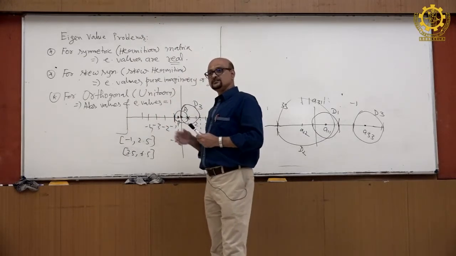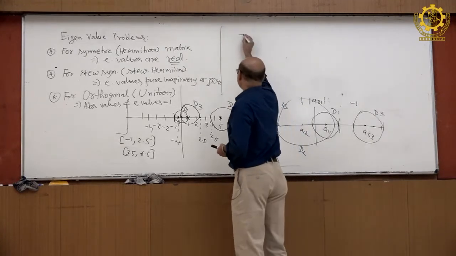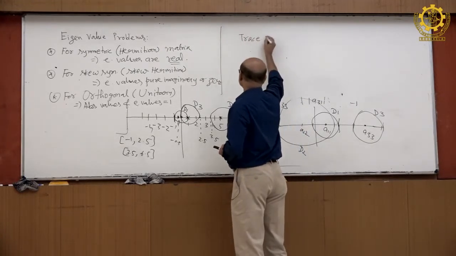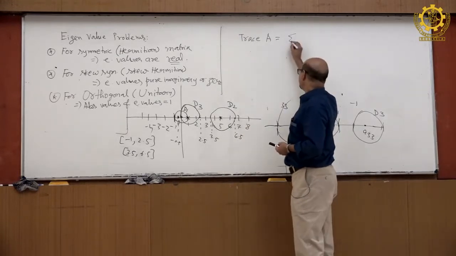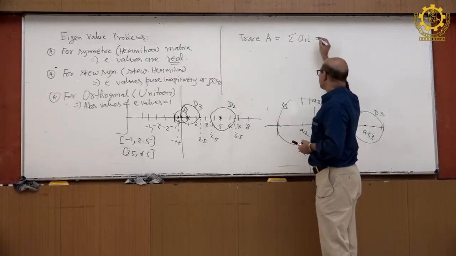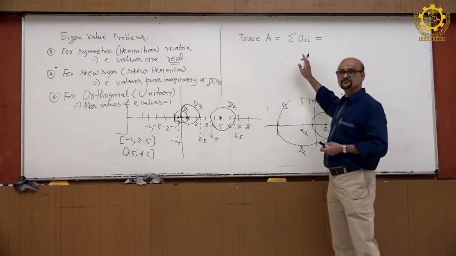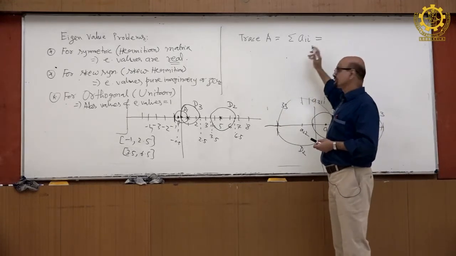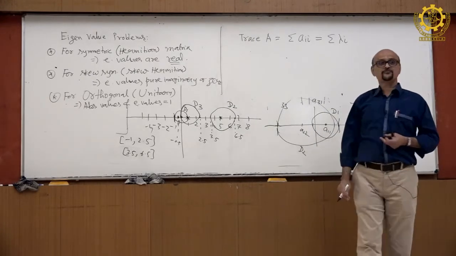Fine. Next, some other properties you have. You know what is the trace of a matrix A, sum of the a_ii. So, with respect to eigenvalues, trace is the sum of all the eigenvalues.